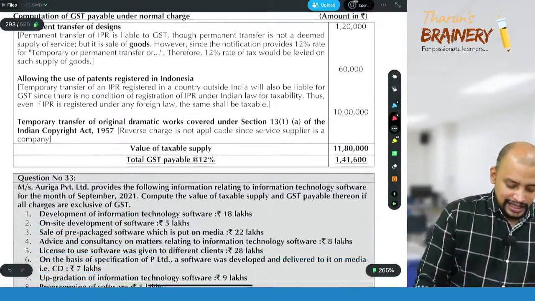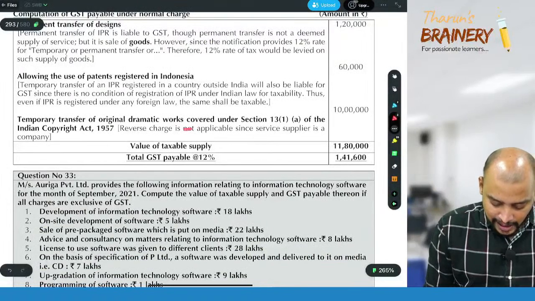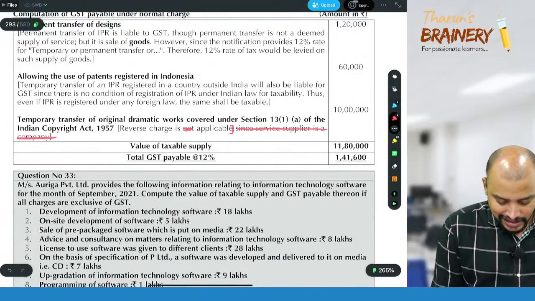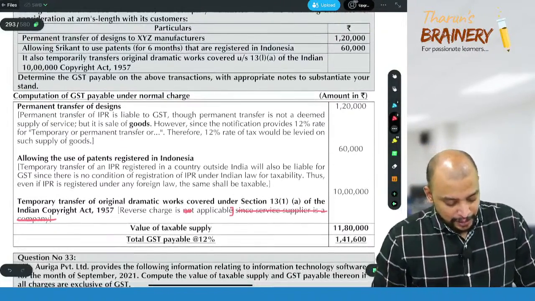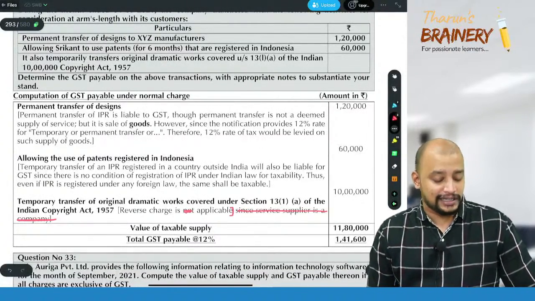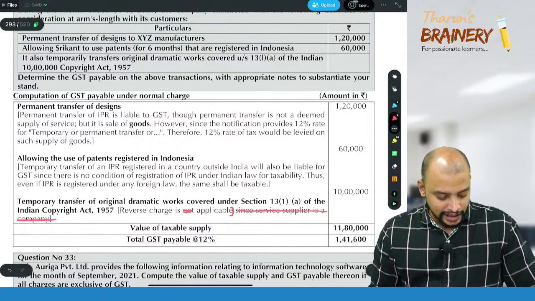So here there is one mistake. Reverse charge is applicable. You just write there, remaining you remove. Reverse charge is applicable because it is a temporary transfer of original literary, dramatic, artistic and musical works. Okay.